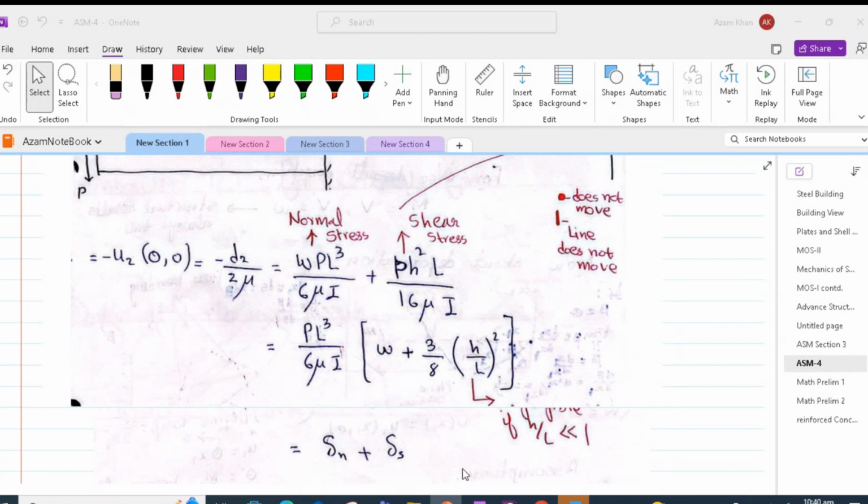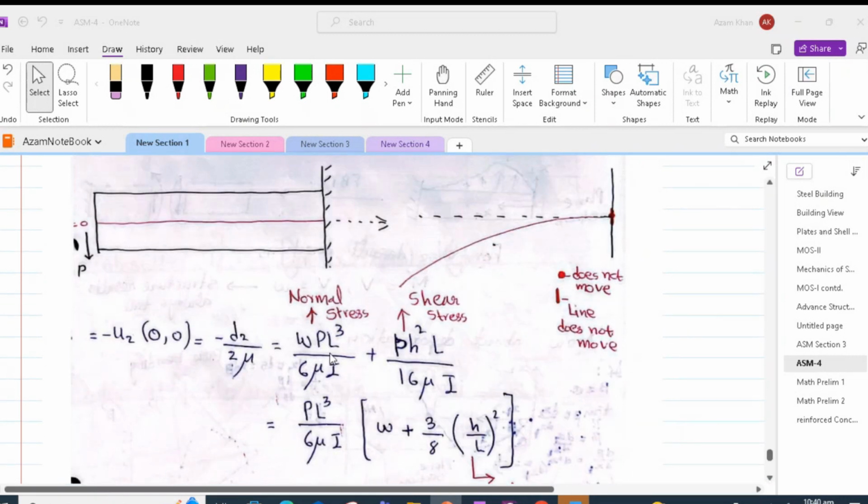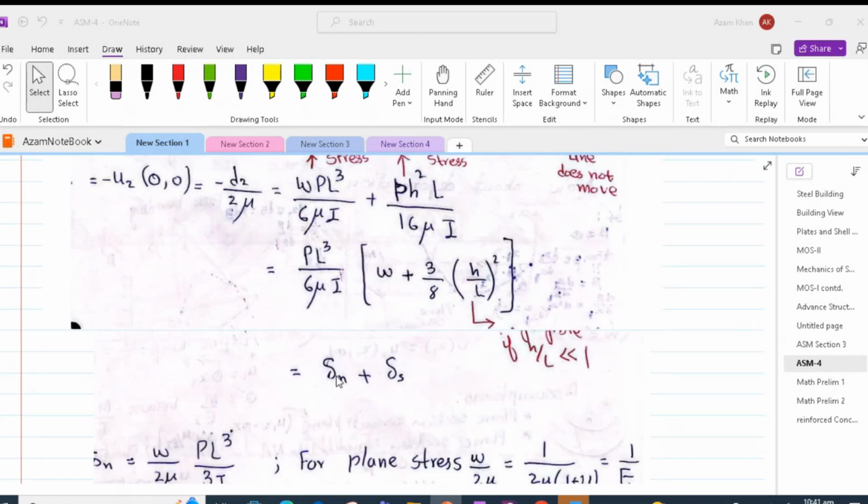So in this case, the free end has a vertical deflection, and there is another factor getting added to it, which is due to the shear deformation.